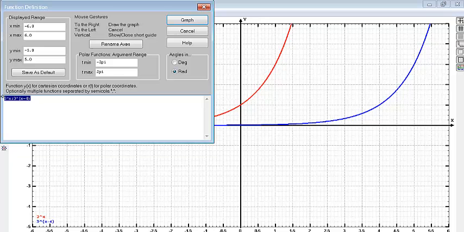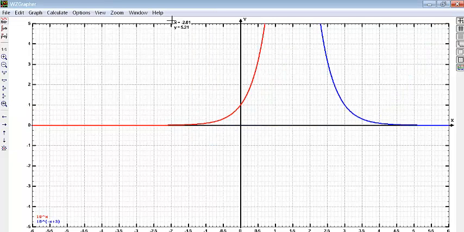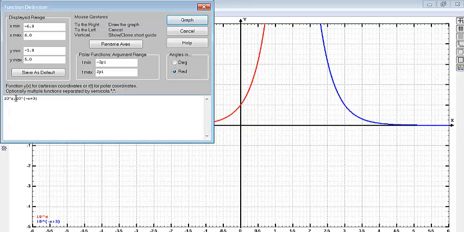That was number 11. Number 14 is 10 to the x and 10 to the negative x plus 3. Okay, so we'll graph those 2. The first thing that we do, I should put an intermediate point in here.